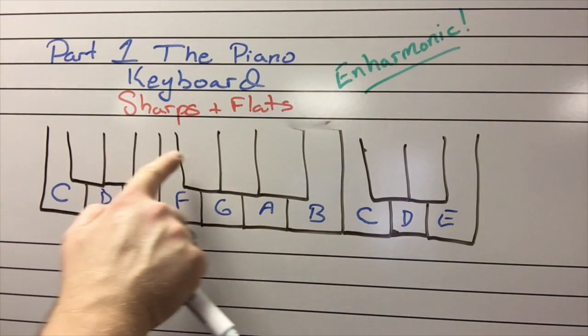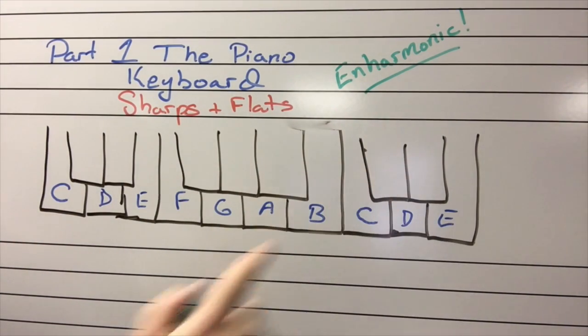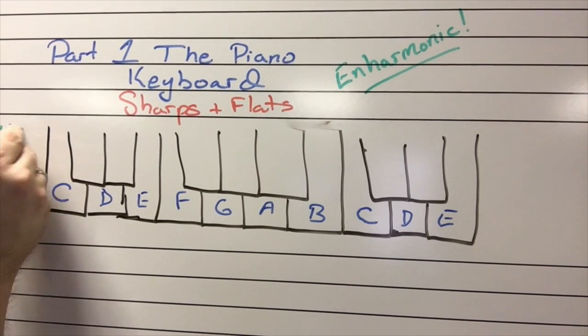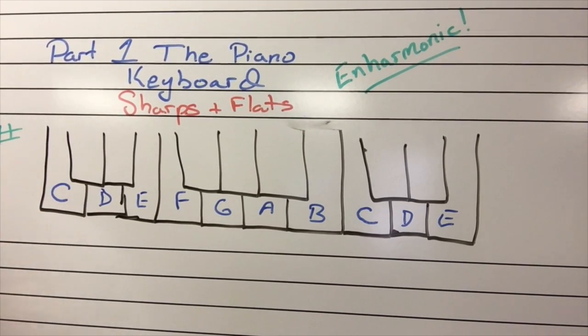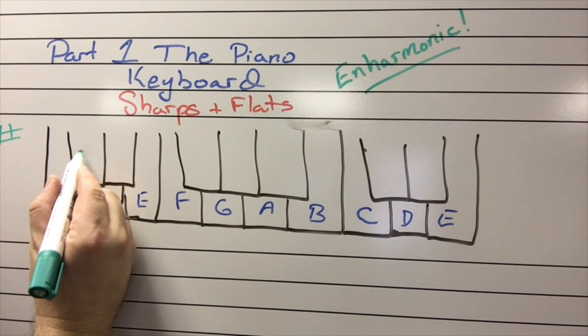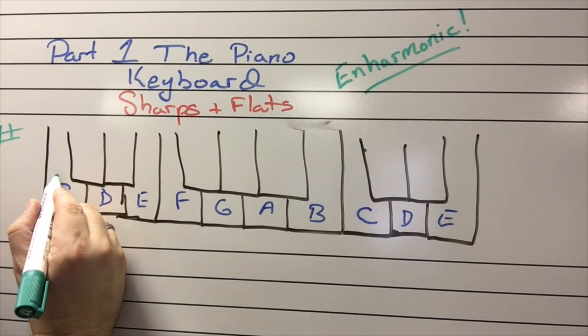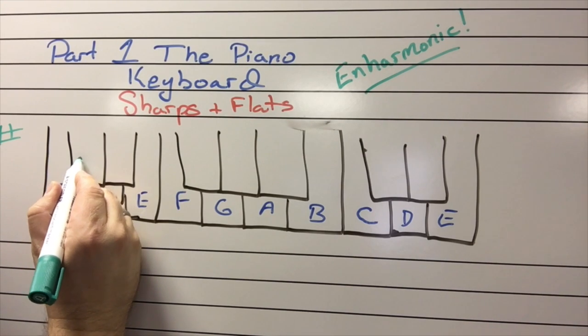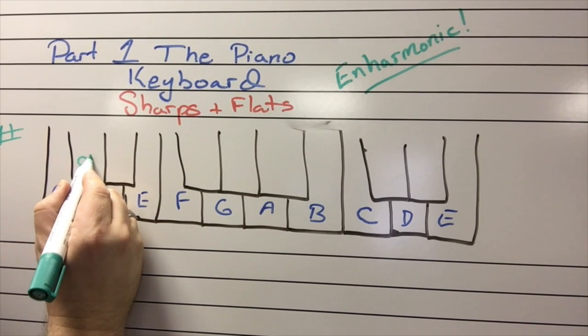Now with these keys up here, we would label them as either sharps or flats. So a sharp raises a pitch by what is called a semitone. A semitone is one step. So C raised a semitone becomes C sharp.